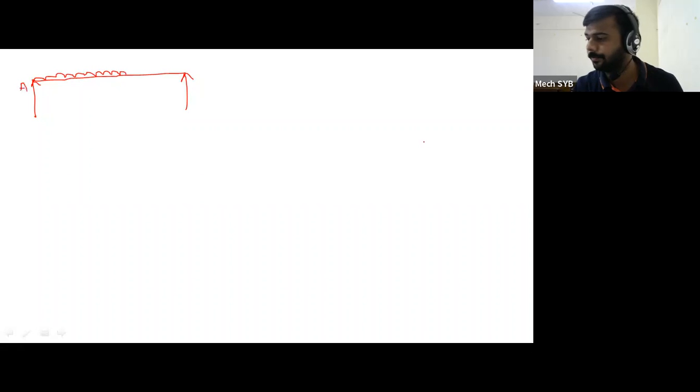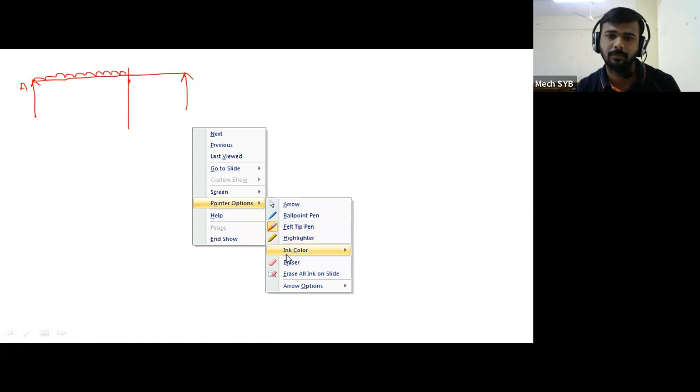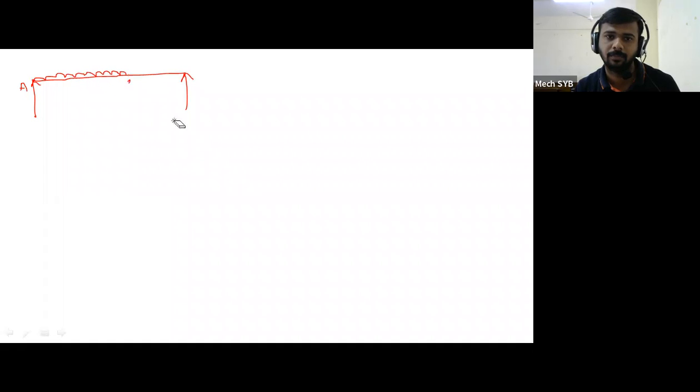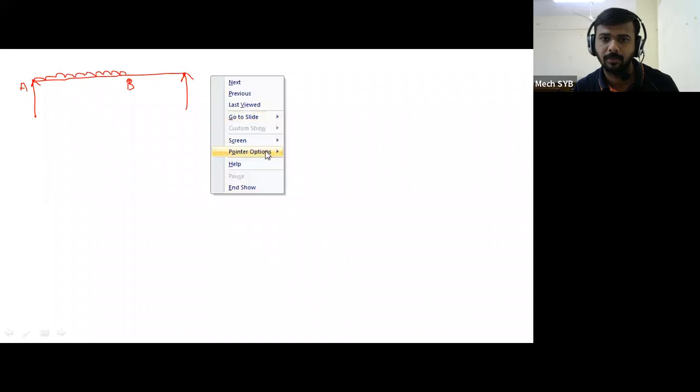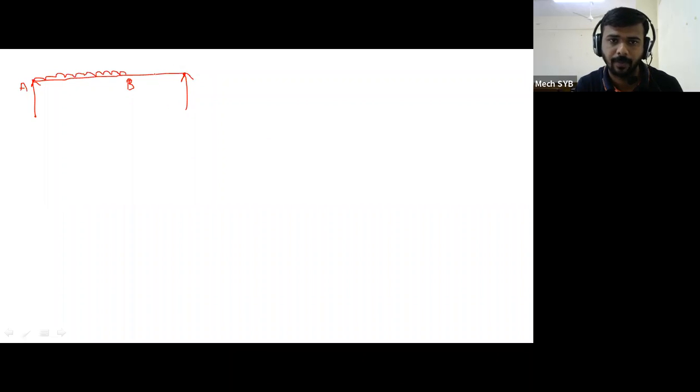This is point A. This is point B, this is point C, and then, sorry, instead of C, here C point is there and it is subjected to the couple, and that couple value is 15 kilonewton meter, and this is point D.